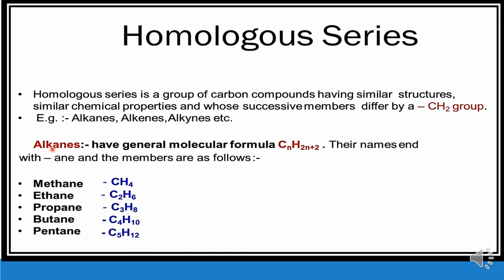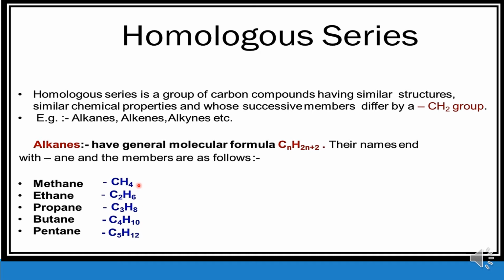All homologous series can be represented with the help of a general formula. Like the general formula of the alkane series is CnH2n+2, where n is the number of carbon atoms. If you substitute the value of n as 1, you will get the first member of the homologous series of alkanes, and that is CH4.